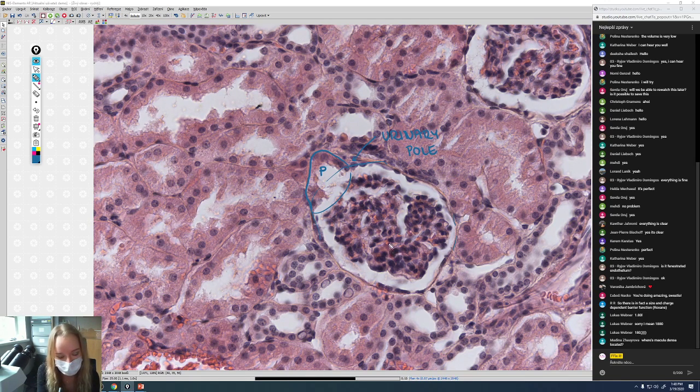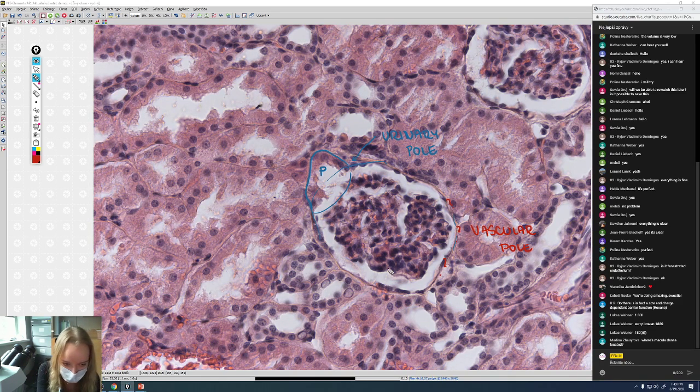Urinary pole. And of course, if we have a urinary pole, we're going to have some other pole on the other side of this structure. And that is the vascular pole. But that vascular pole is so small, we really cannot see it here.